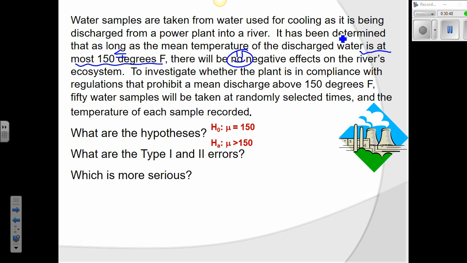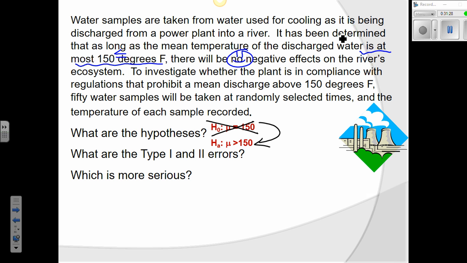All right, what are the type 1 and type 2 errors? So let's start with type 1. Reject H0 when H0 is true. This statement is true, but you reject it. So literally, you say this is not true. You conclude this, but it really is true.